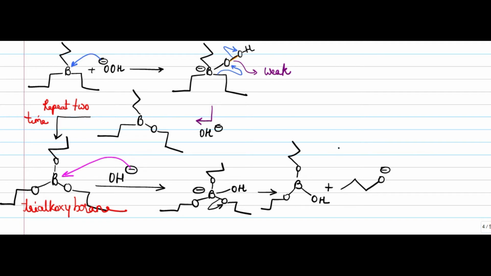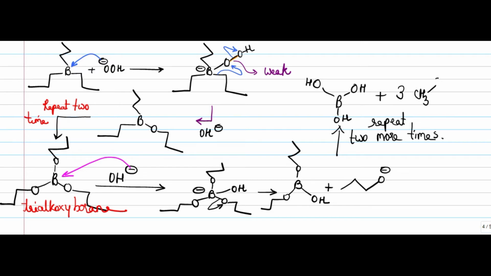Now if I repeat this 3 times, or 2 more times, you end up getting boron with three OH groups, which is nothing but H3BO3, and 3 times CH3CH2CH2O minus.